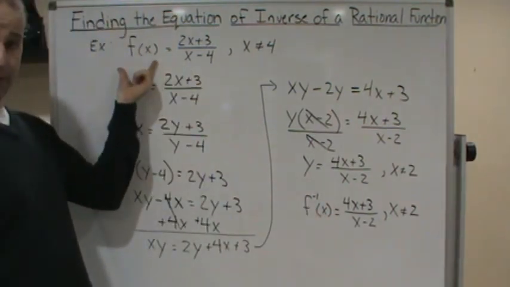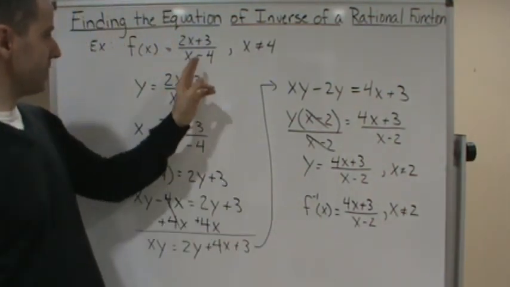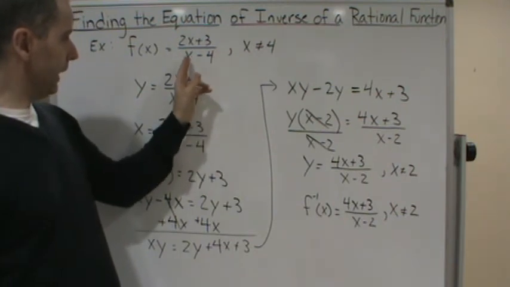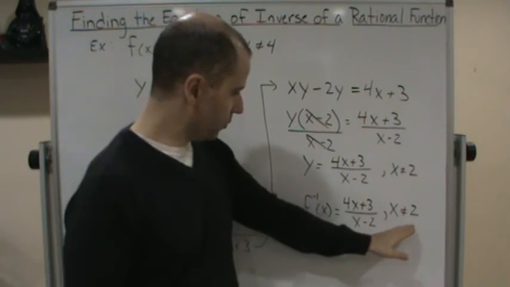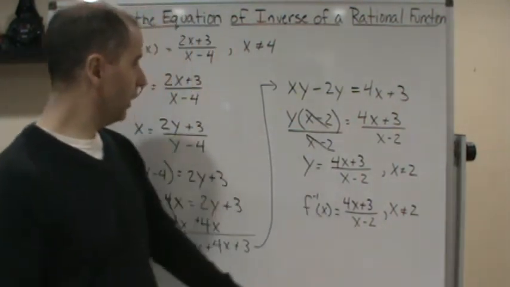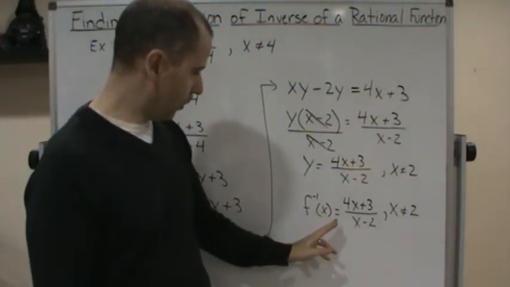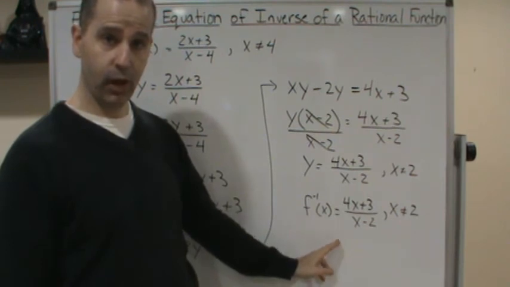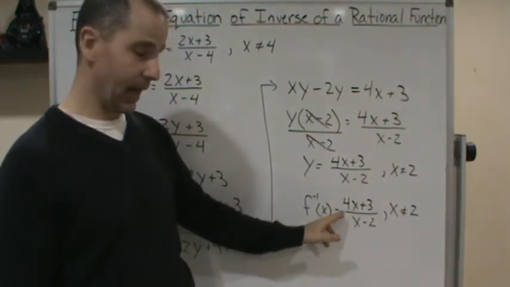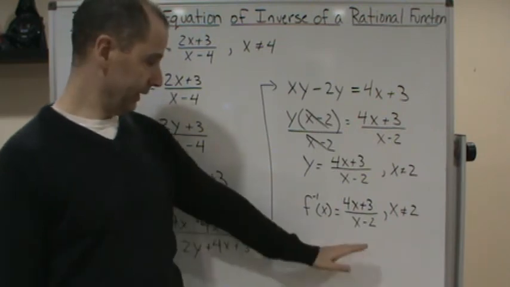The range of f of x becomes the domain of f inverse of x. Okay, so it makes sense that here 2 is not in the range, so 2 is not in the domain of the inverse. Just like 4 is not in the domain here, but if you notice, 4 is not in the range of this function because there's a horizontal asymptote at y equals 4 here.